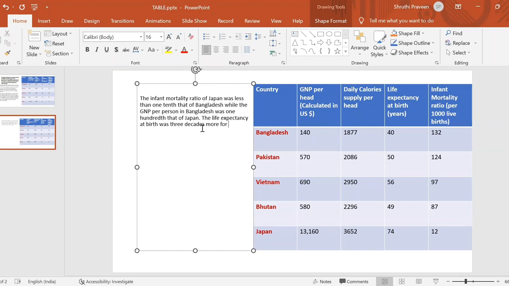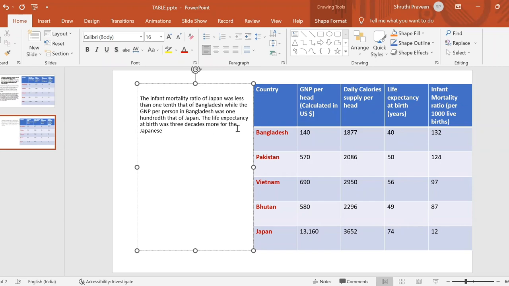for the Japanese. Okay, now here you can write the Japanese because an average Japanese is expected to live up to 74 years, while an average Bangladeshi is expected to live up to 40 years.